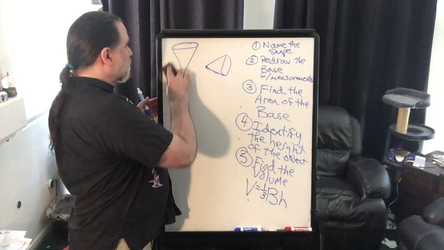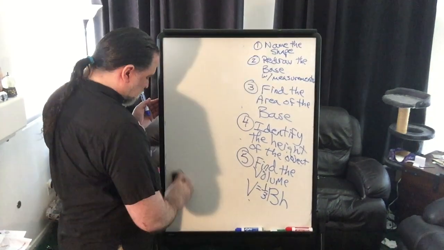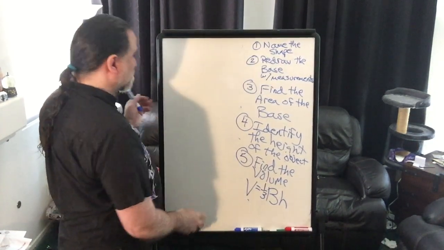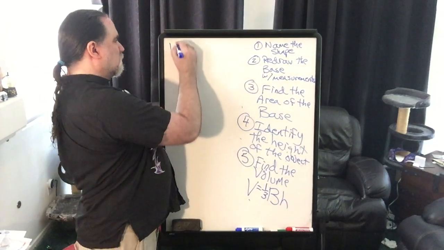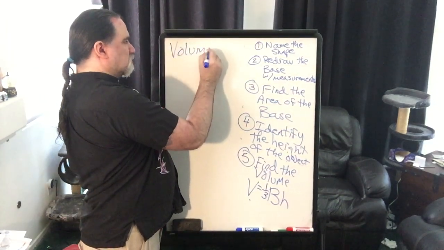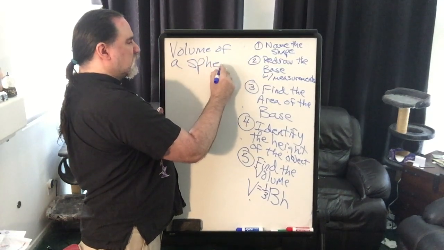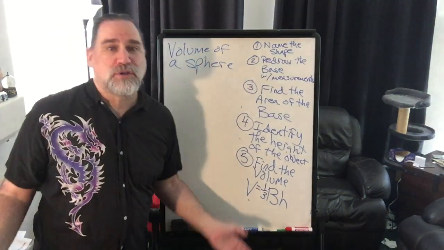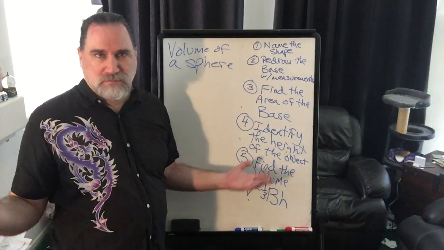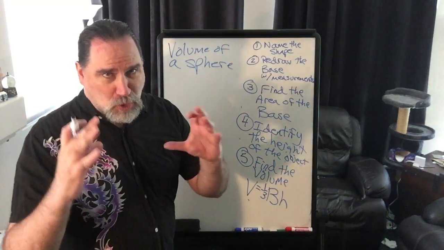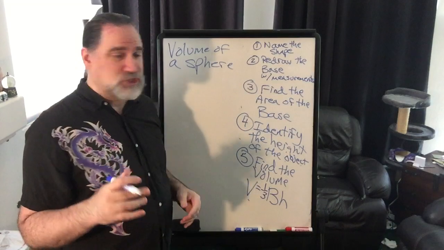One more thing I'd like to throw in here, and I didn't mention it at the beginning, is the volume formula for a sphere. Volume of a sphere. A sphere would be like any ball you can imagine, a baseball, a basketball. Not a football, because it's not a ball. I mean, it's got to be roundish.